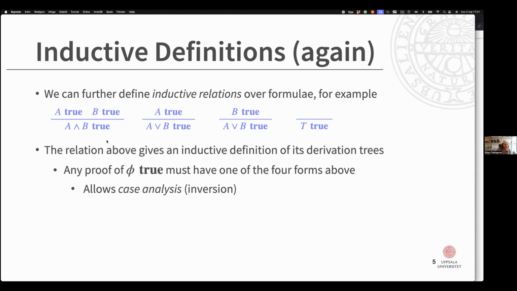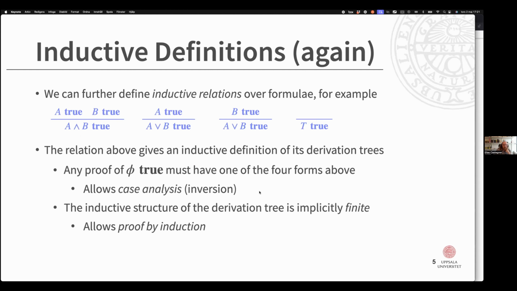We know that if this is true, then it must be a tree that has the root A and B true, or A or B true, or T true. It must be one of these four cases. Typically, we also require derivation trees to be finite, which again allows proof by induction.